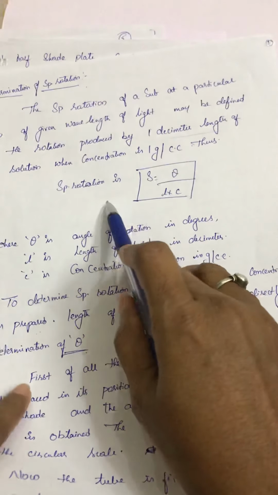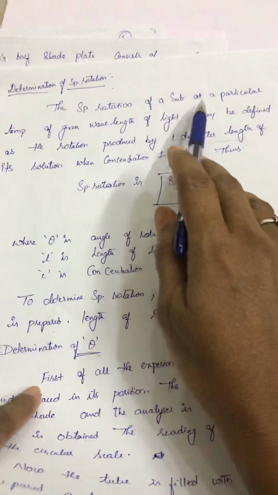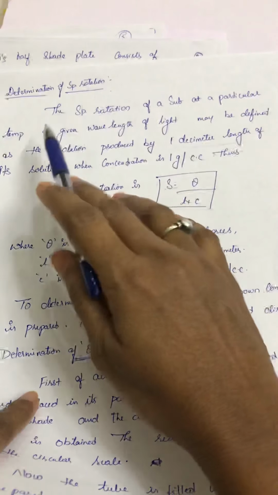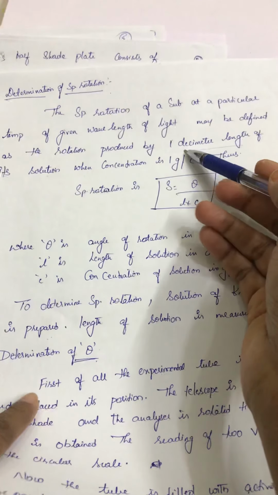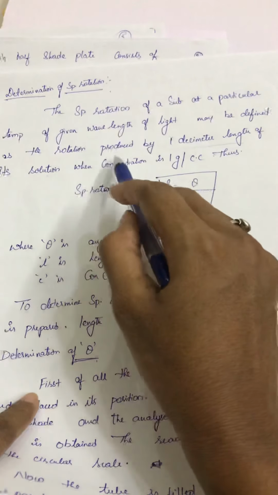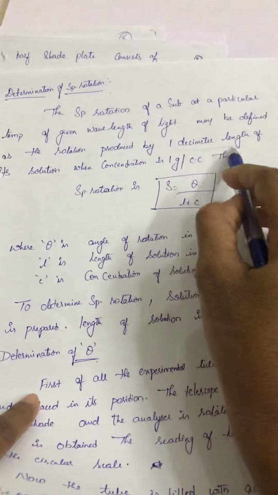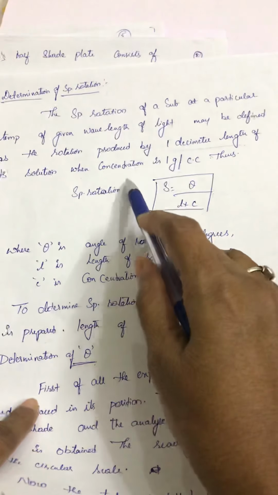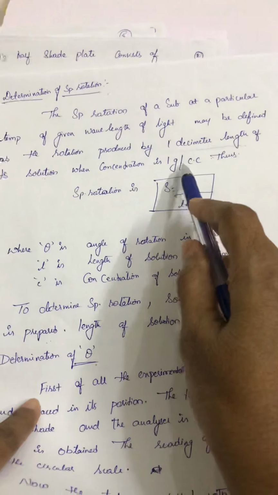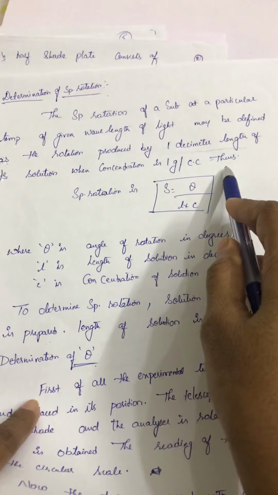What is specific rotation? The specific rotation of a substance at a particular temperature and given wavelength of light is defined as the rotation produced by 1 decimeter of length of its solution when the concentration is 1 gram per cc, right?